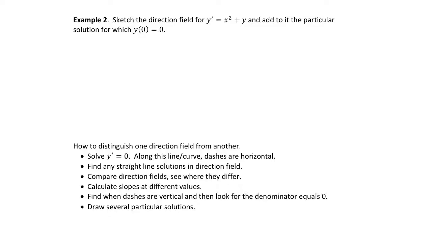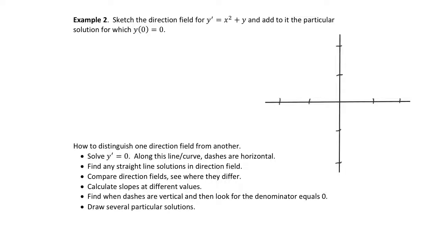So a slope of 5 may be so large that it really looks more like a little vertical dash. In these cases, I like to analyze the differential equation that I'm given and use that to make some decisions about how I proceed. For instance, I see x squared and y.